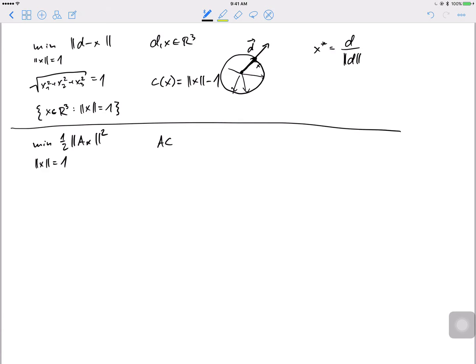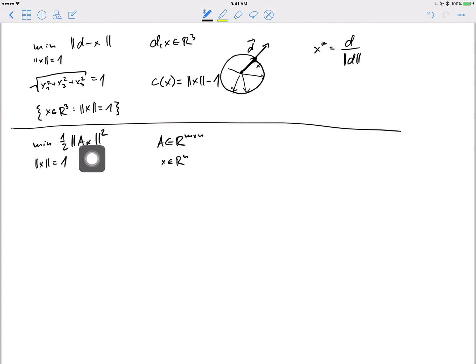Now my A is an m by n matrix. x is an R^n vector. The constraint is kind of the same as before, except that now it's in n dimensions. So it's like an n-dimensional unit hypersphere, or whatever you want to call it.